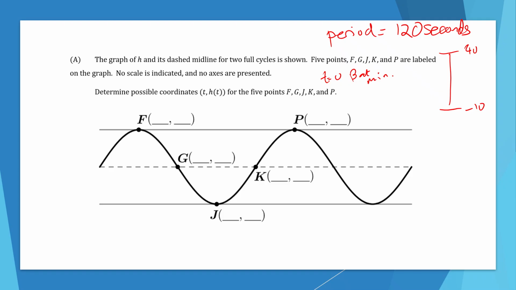So first, let me label our y values, right? That's what I would always take care of first. So 40, negative 10, and then the distance between these two is 50. And so just going half of that, 25, down from 40, we should get 15 as our midline there.